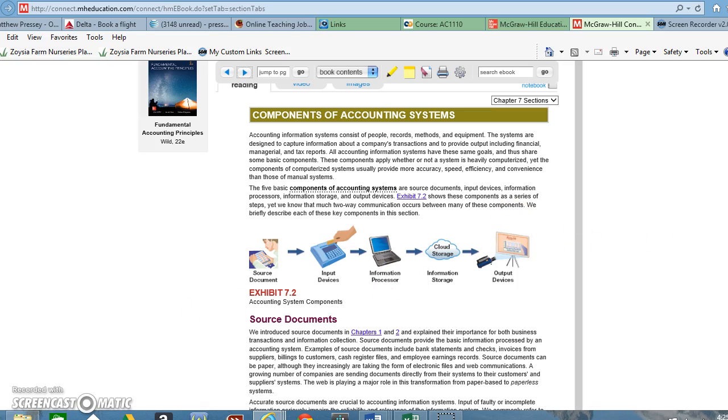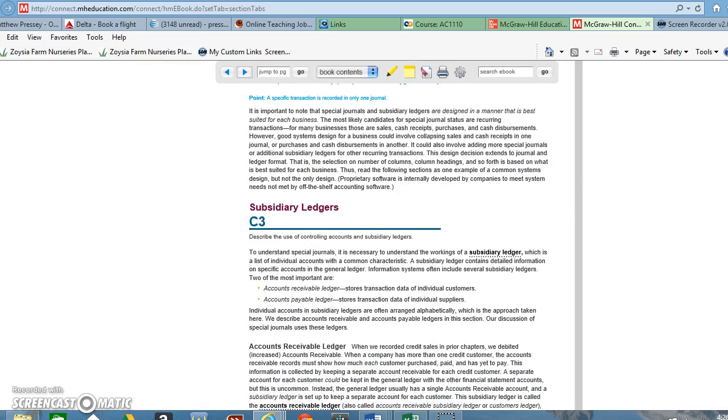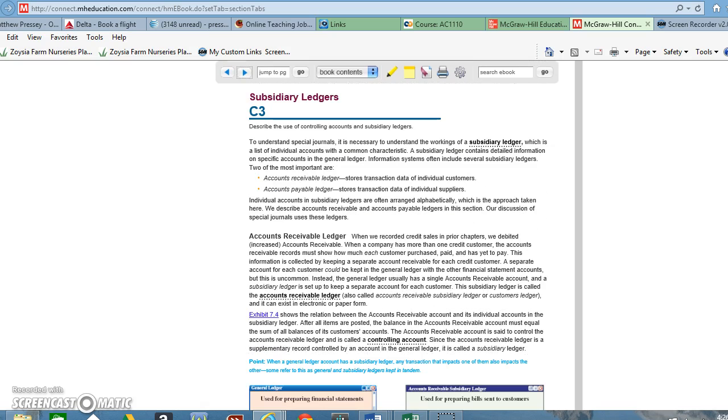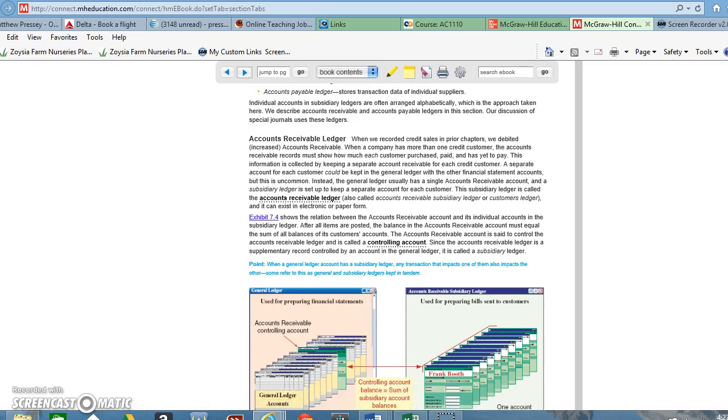Make sure you guys pay attention to that. Once the authors have laid out those basics of the accounting information systems, they delve into special journals here on page, I believe it's 293, and then further on down, we get into subsidiary ledgers. All good information here that you guys are going to want to give a good read to.